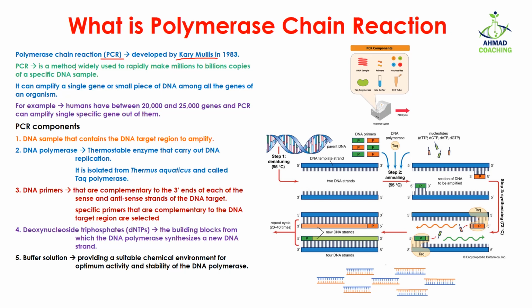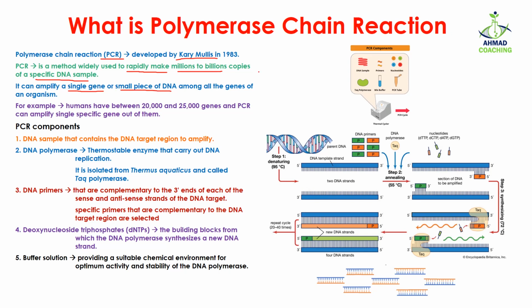PCR is a method widely used to rapidly make millions to billions of copies of a specific DNA sample. This is helpful because it helps you make millions and billions of copies of a single DNA molecule. It can amplify a single gene or a small piece of DNA among all the genes of an organism.